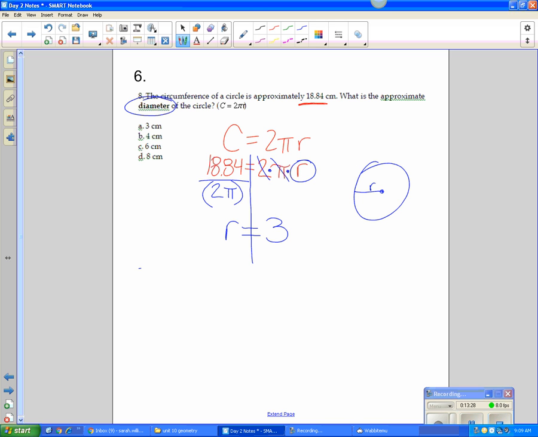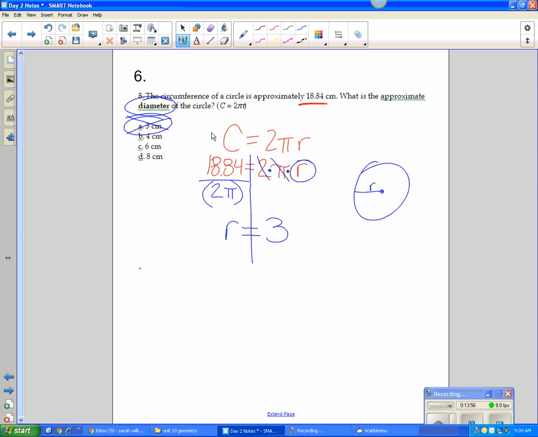R equals 3. Now, I bet you $5, hands down, I'm going to win the bet, don't worry. On the quiz tomorrow, I guarantee you at least one person in this class is going to choose A on this problem. One person always does.